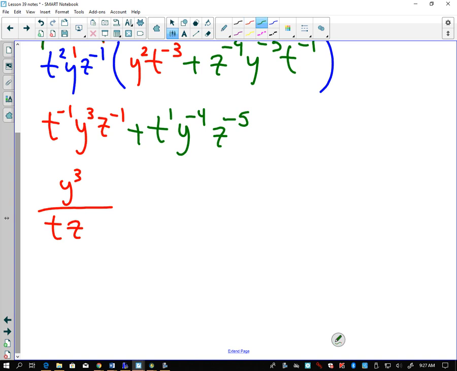Plus, does anything stay in the numerator position here? T. What do I get down below? Y to the fourth, Z to the fifth. Let me check your answer here. That's exactly right.